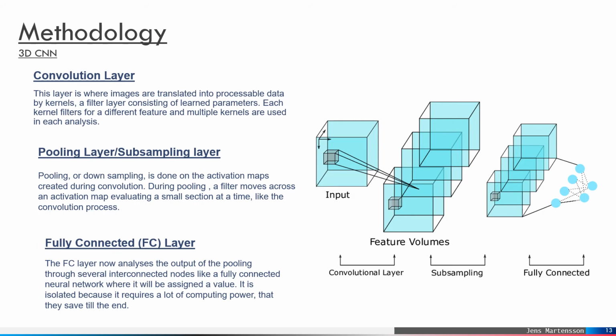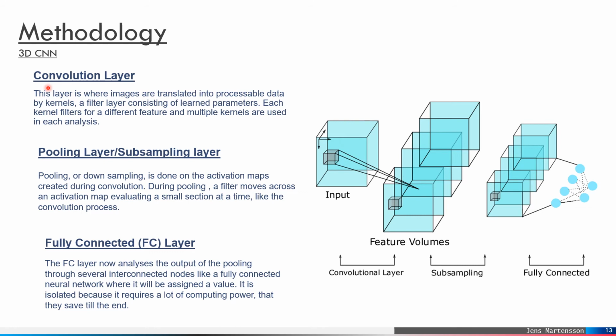So once it's converted into a scaleogram, which is like an image actually, this 3D convolution is made for images. It's better on images. So the first layer we have is the convolution layer, where it will do convolution of the image and turn that into usable, processable data, and it will learn the parameters from that, and each kernel has different features.